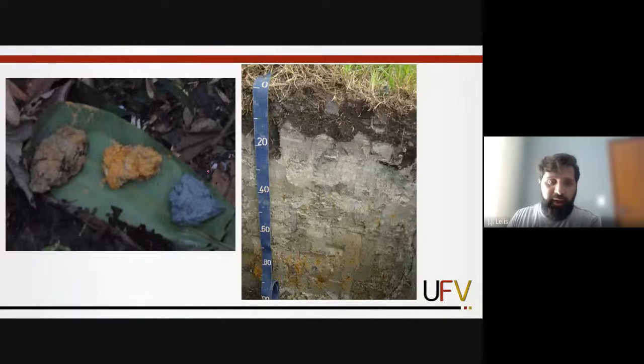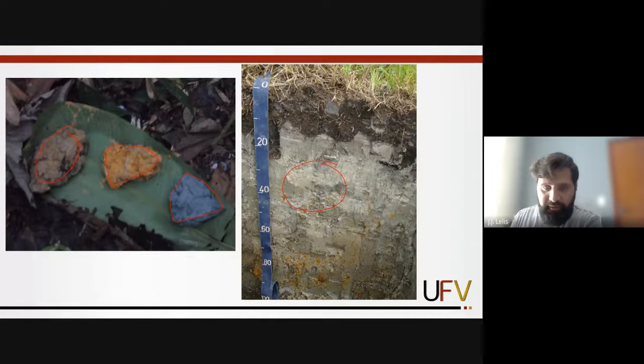And we can have a reduced matrix like this. You can see a gray color, and you can see here a gray color too. So here we have a dark horizon with a lot of organic matter. We have a B horizon, our yellow B horizon, and we have a gray C horizon, a reduced matrix, okay?